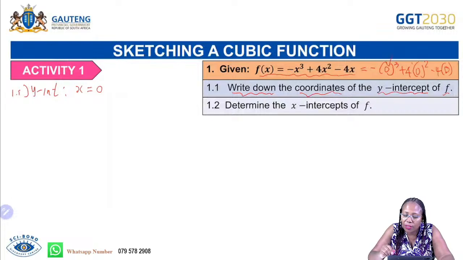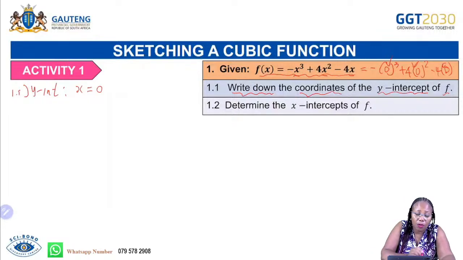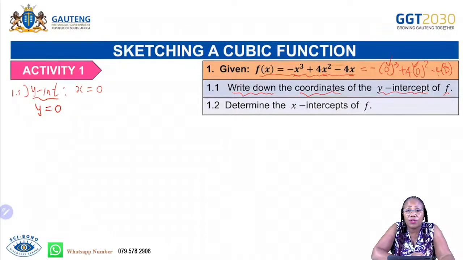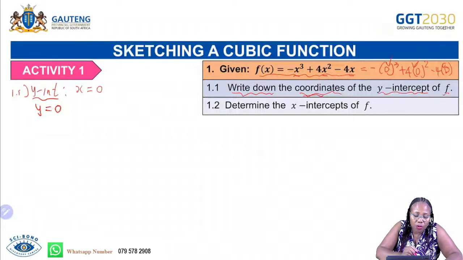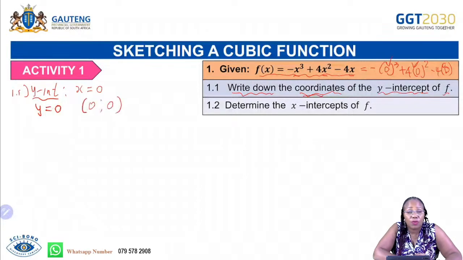You can see the 0s there. As long as you see x everywhere, that means your y will also be 0. When you substitute x as 0, you get y as 0. Because they need this in coordinate form, x is 0 and y is 0. That is the coordinate you are looking for.